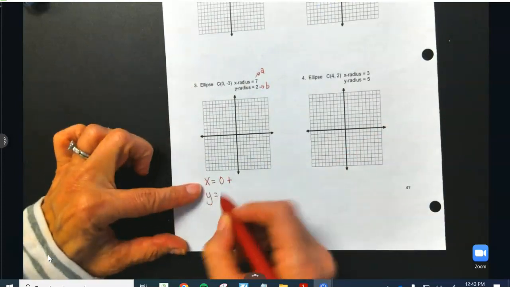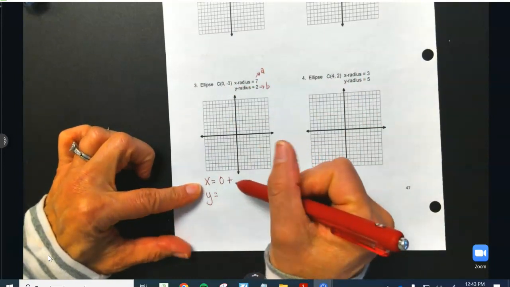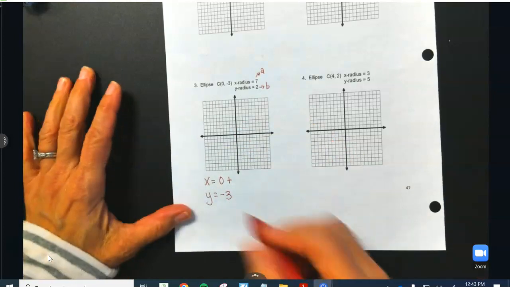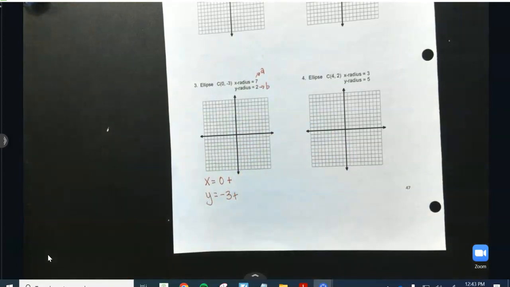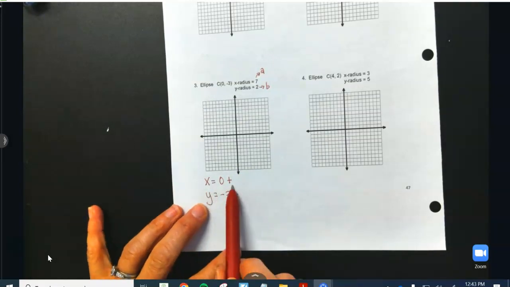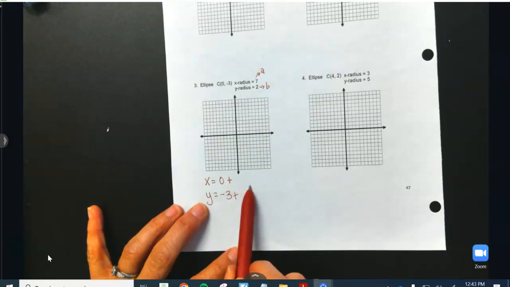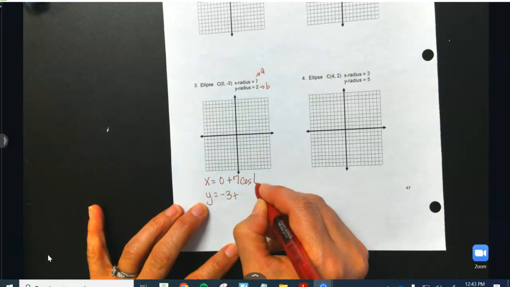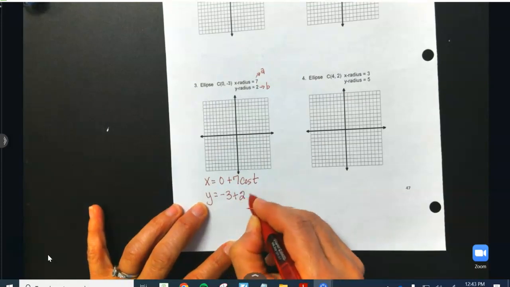I don't really like to write 0 plus, but I'll go ahead and write it for the demonstration of the example. Here's my k value, always a plus next. And then guys, look at my x equals. Does anyone want to take a shot and look at right here? A 7? Yes, great job. So this is going to be 2 sine t. Very good.